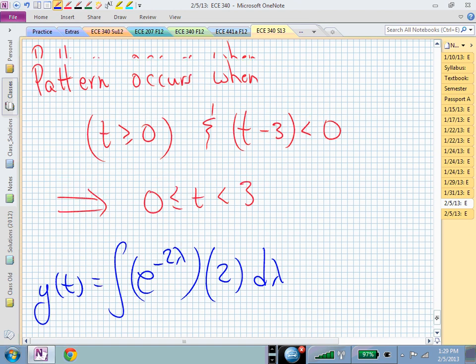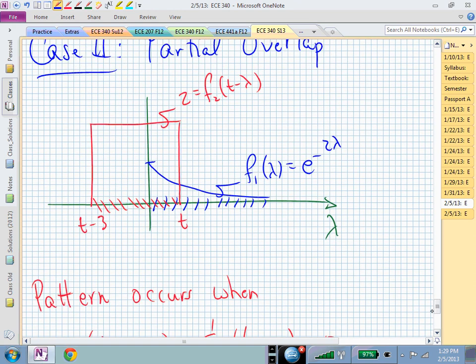Now I need to go back, and this is why it's nice to have different colored crayons. If I'm integrating where these two waveforms overlap, this is the functional form for f sub 1, e to the minus 2 lambda. I'm multiplying that by the functional form of f sub 2 of t minus lambda, and that's just 2. But now I need to integrate that product.